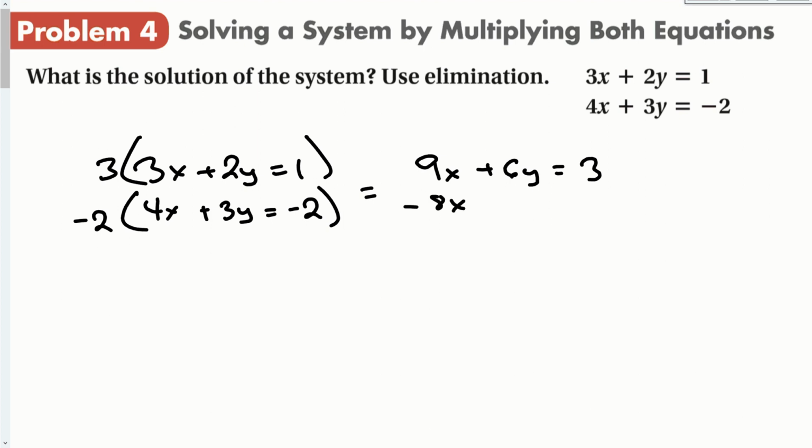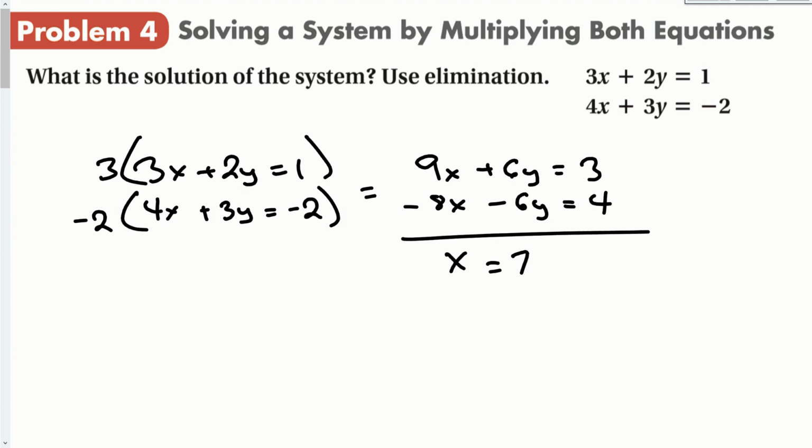Negative 8x minus 6y is equal to a positive 4. Now when I add these together, 9x and negative 8x give me x, y's cancel, x equals 7. Nice. All done.